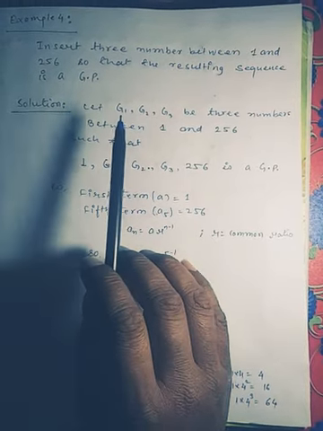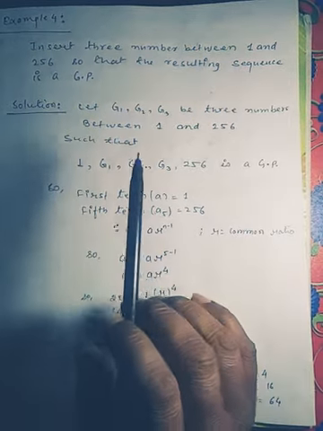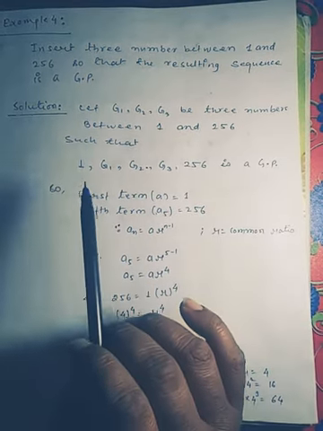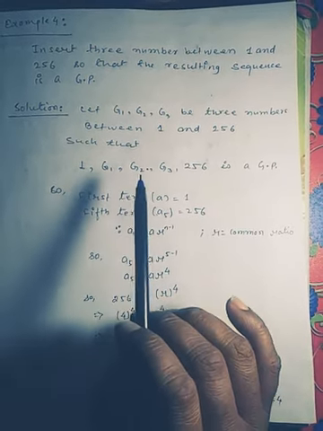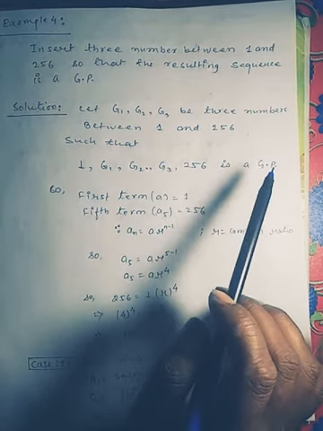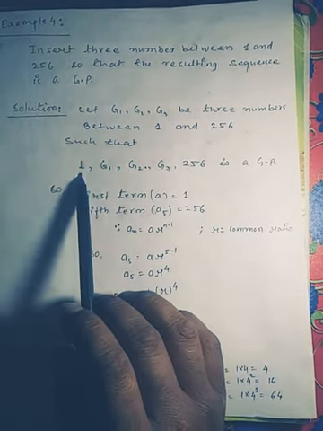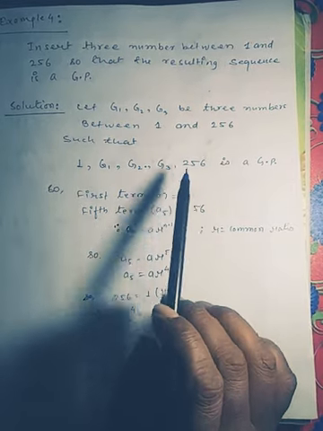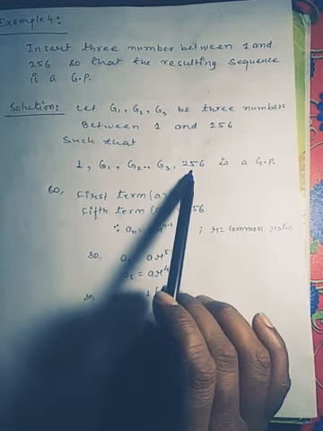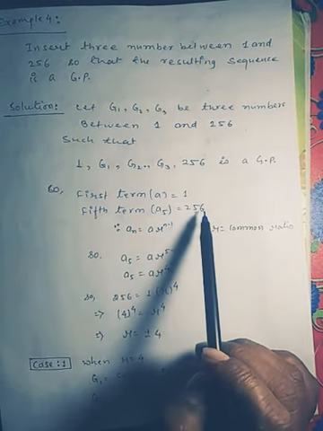Let G1, G2, G3 be three numbers between 1 and 256 such that 1, G1, G2, G3, 256 is a GP. For the GP, first term is 1, then second term, third term, fourth term, and this one is the fifth term. Fifth term is 256.